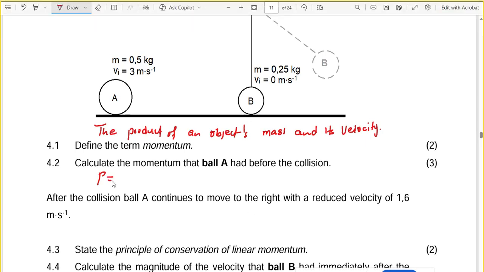So P equals the mass times the velocity. You just have to sub in the mass of ball A. That's why they put this in bold, because you don't substitute for ball B, but for ball A. The mass of ball A is 0.5 and the velocity is 3. So what is your momentum?